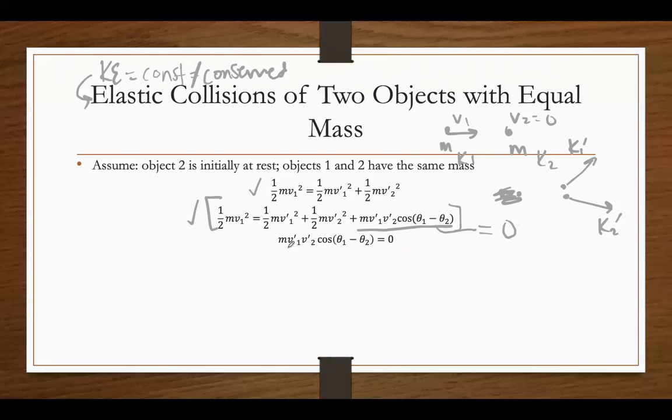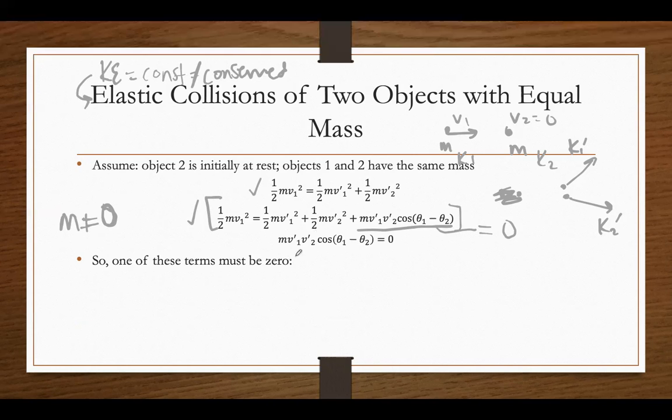Our mass can't be 0, because if the mass is 0, then none of these really do much. Our mass must not be 0, or else we wouldn't be looking at any kind of objects. There has to be some kind of mass. So it has to be one of these other terms.